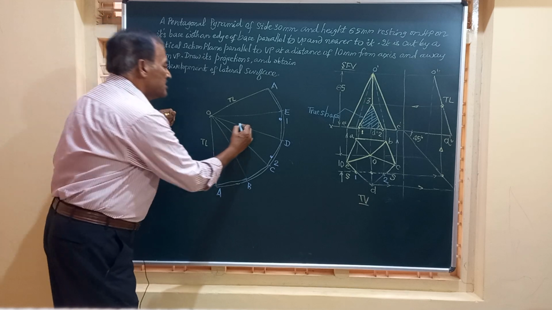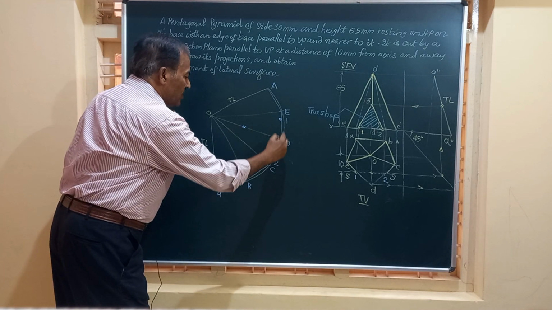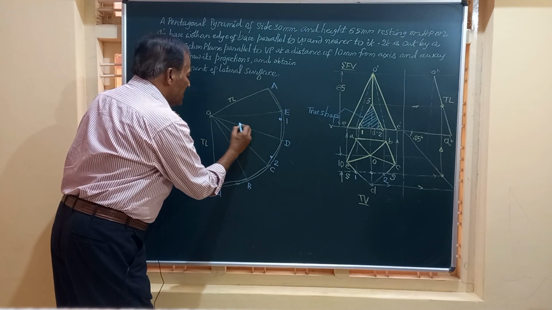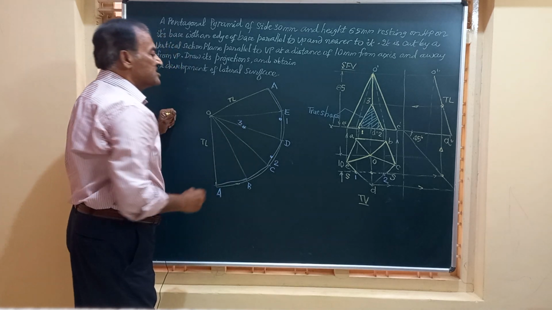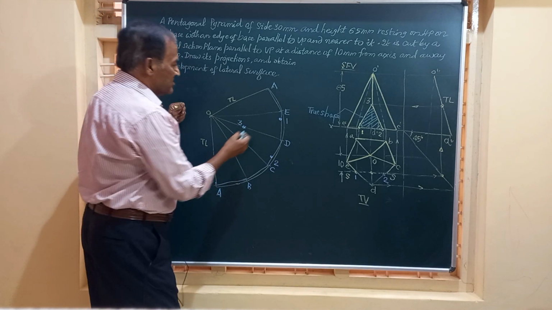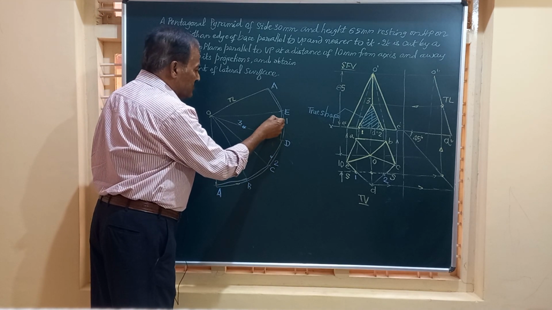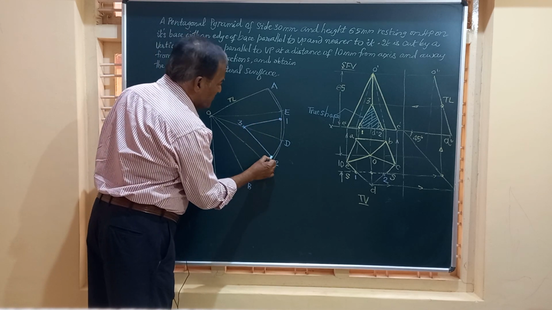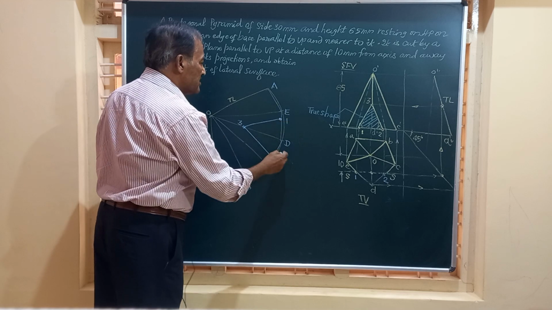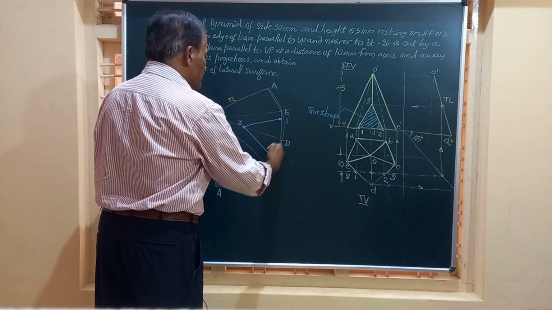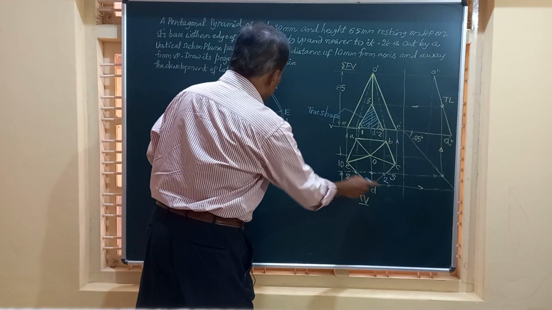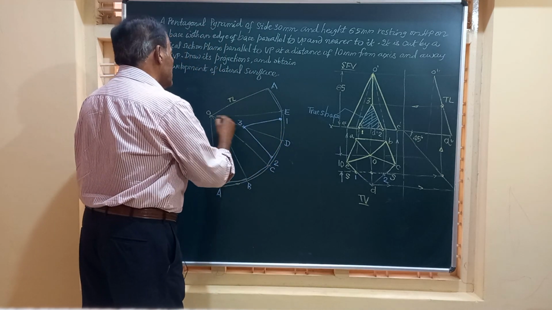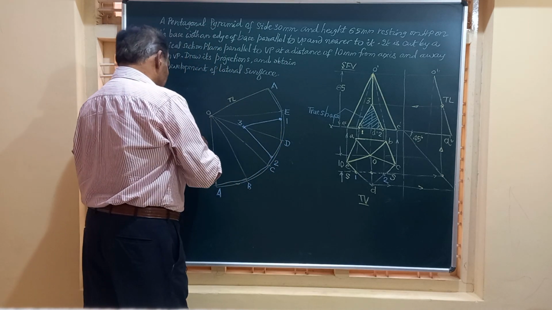Friends, we have got all the 3 points, 1, 2, and 3, and we are required to join these by straight lines. So I am going to join 1 to 3, then 2 to 3, and this portion of the solid is totally removed because the D portion is removed, it is not existing. So show the remaining lines like this.